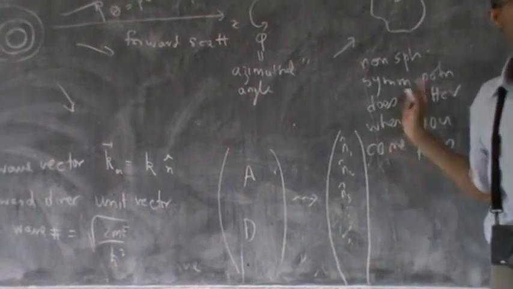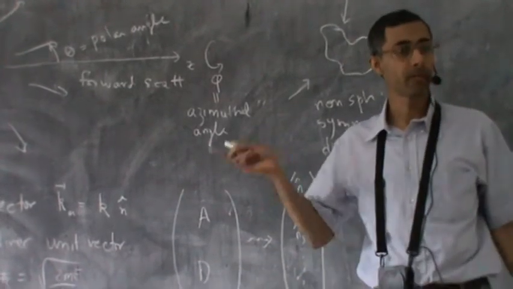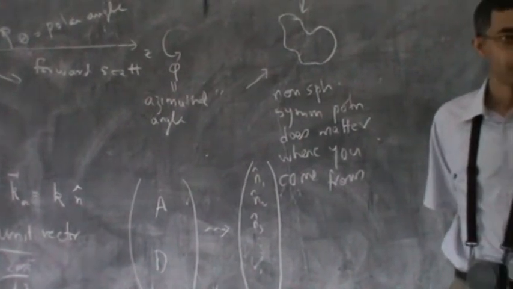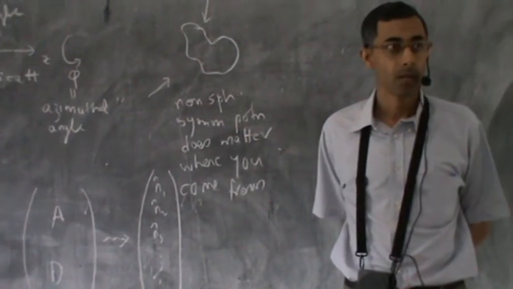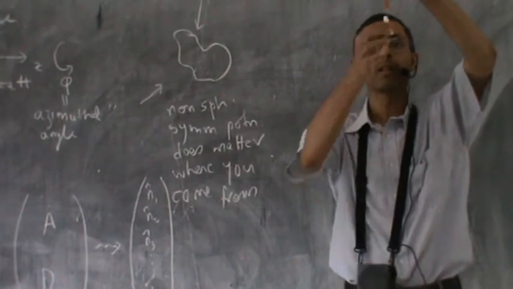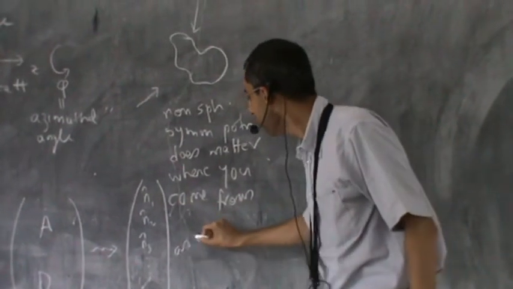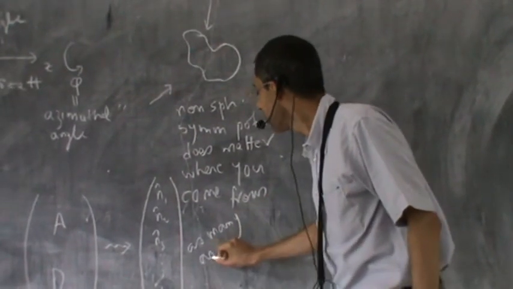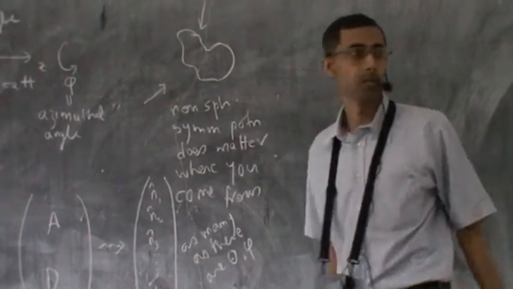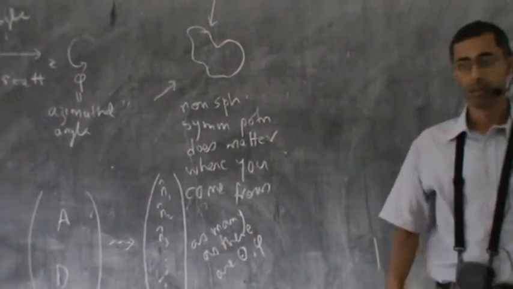How will you parameterize these? Here you parameterize by 1 and 2, left, right. What are the parameters needed to parameterize these? Theta and phi. Because if you specify theta and phi, at that theta and phi there is an inward directed vector fixed uniquely. So there are as many as there are theta and phi. One incoming direction for each point on the sphere.